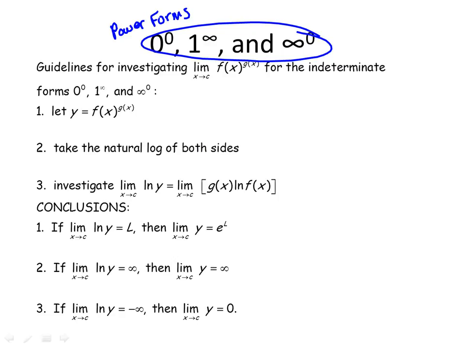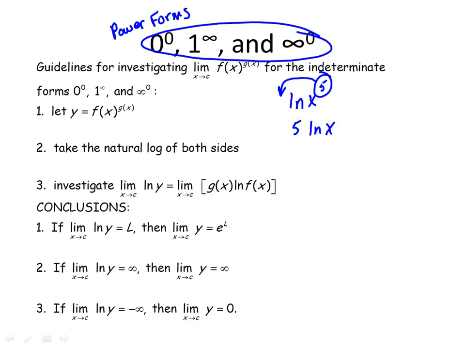Now, if you have something like x to the 5th power, and you apply the natural log to it, do you remember your log power rule? What can you do? Do you remember that?